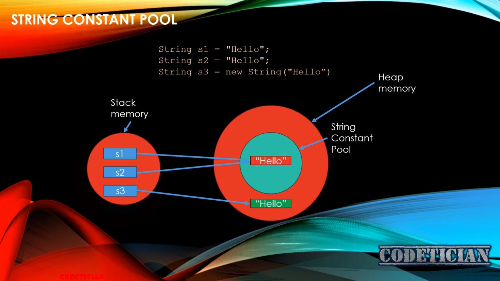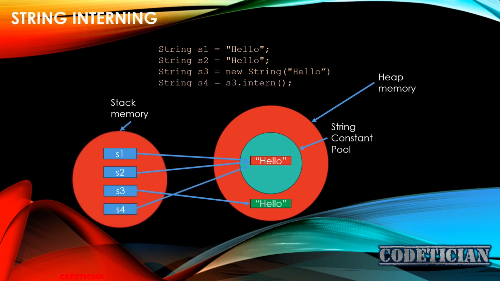Now there's a method in a string called intern. What does this do? Suppose there's a variable s3 which you created using the value hello, and then you applied the intern method on this string object s3. When you do that, what does Java do?